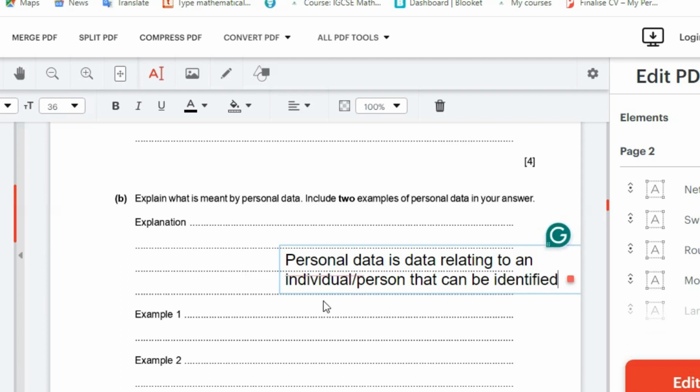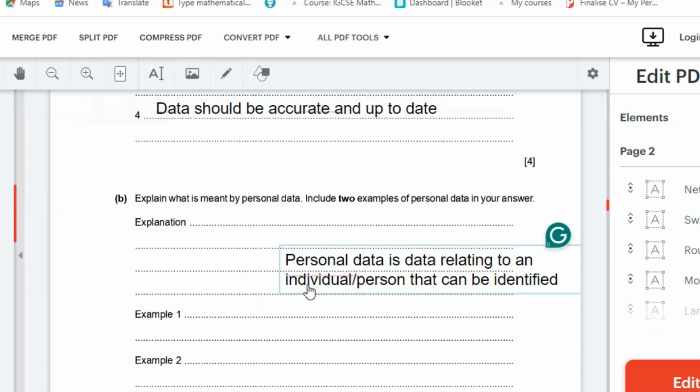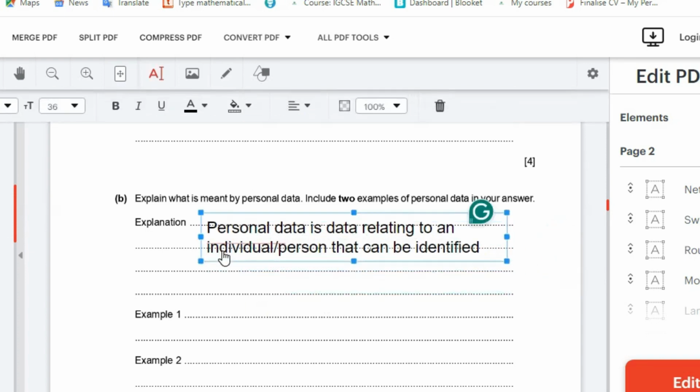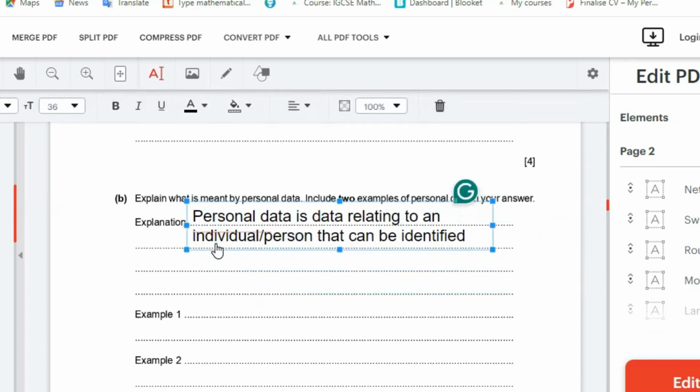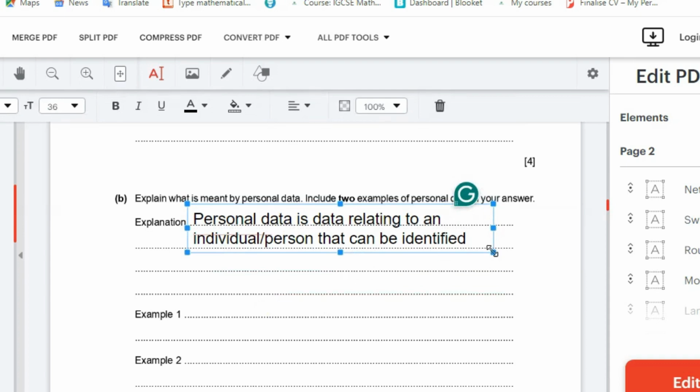So when you have data that is relating to an individual or person that you can identify, then we said it is personal data.